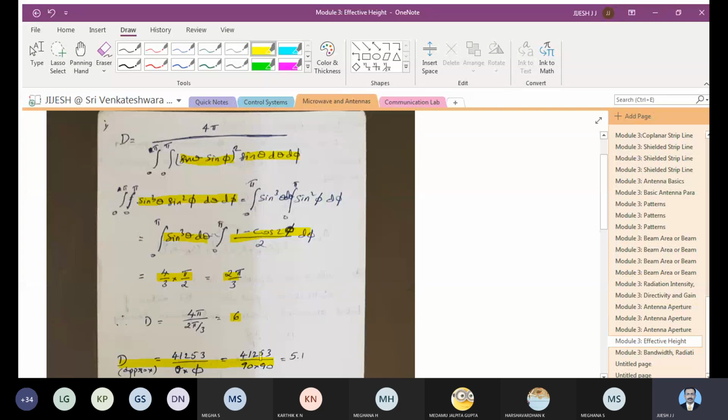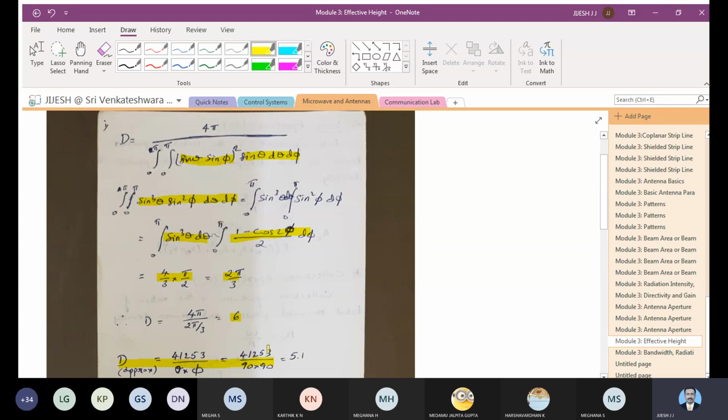Theta half power is what? 0 to pi, so half of that is 90. Phi is also 0 to pi, that is 0 to 180, no? So half of that is 90. So 90 multiplied by 90. 41253 divided by 90 into 90, you'll get 5.1.